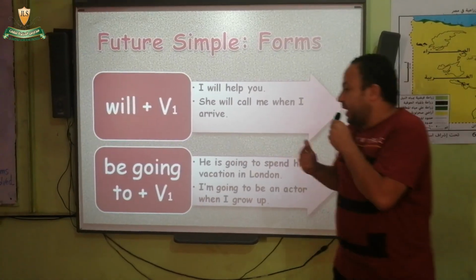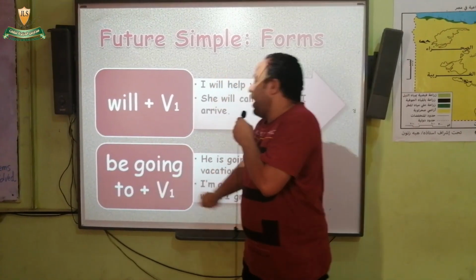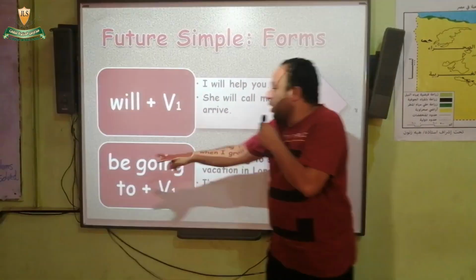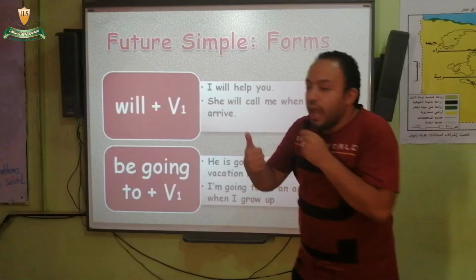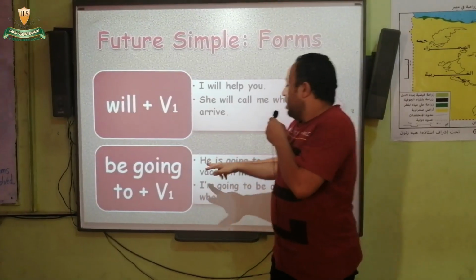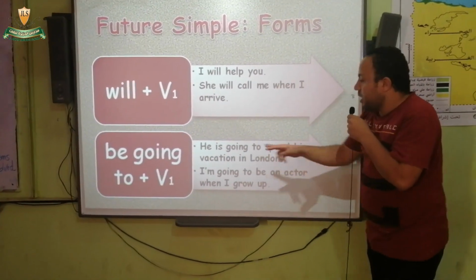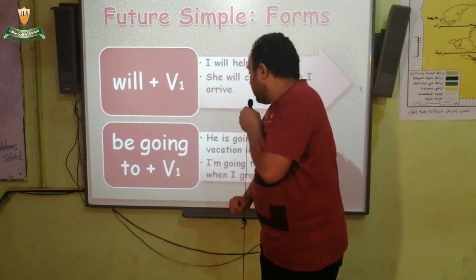The second one is verb to be plus going to plus infinitive. We know that verb to be is am, is, or are. The first example: he is going to spend the vacation in London.